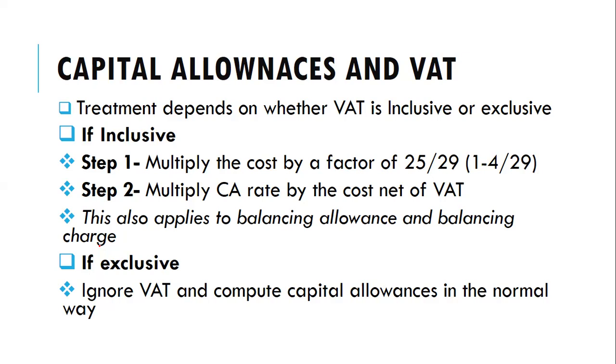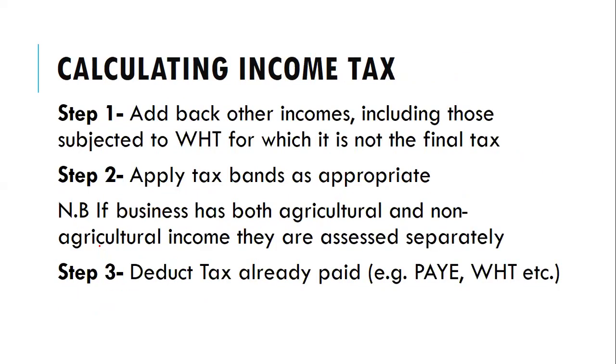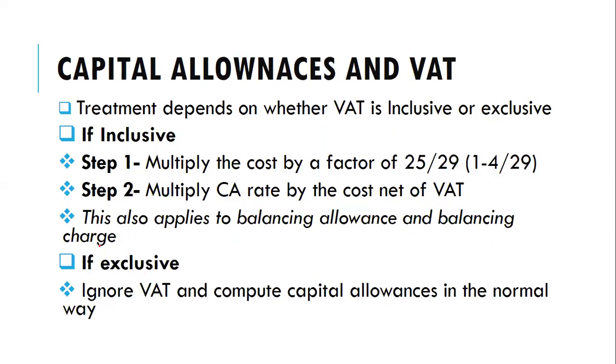So you can claim it from the perspective of capital allowances. With that said, that's it for capital allowances. The next time we meet, we're going to go through the practical aspect of capital allowances. We're going to compute the capital allowances.